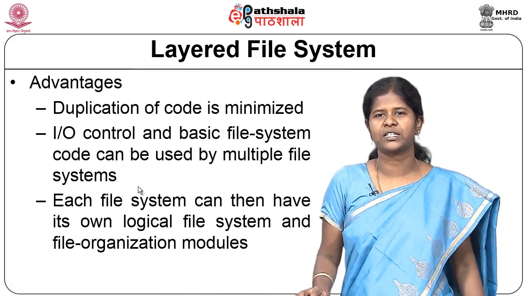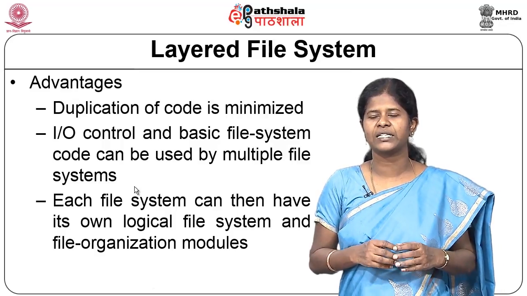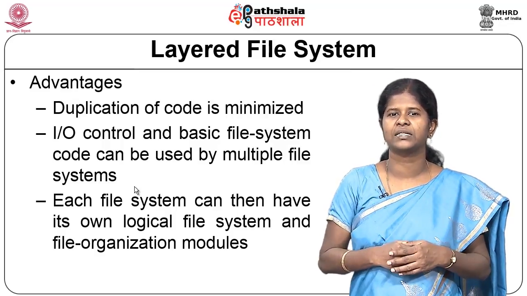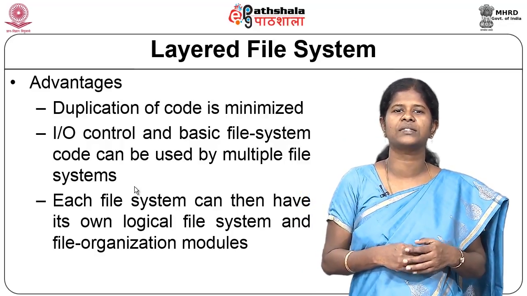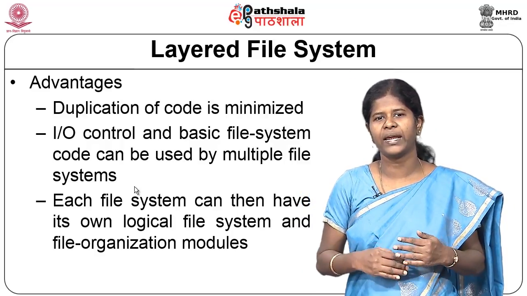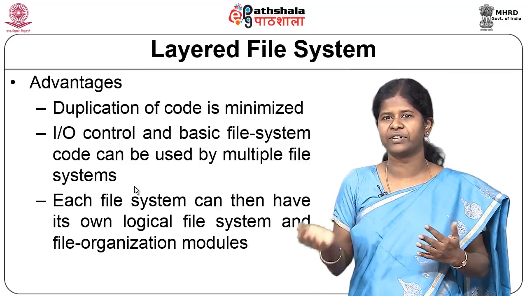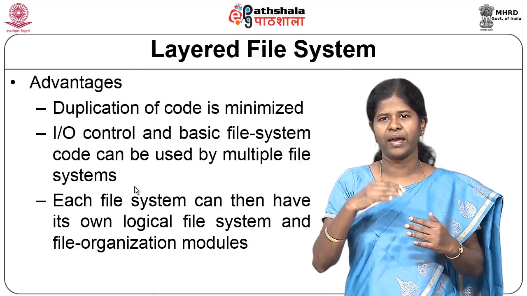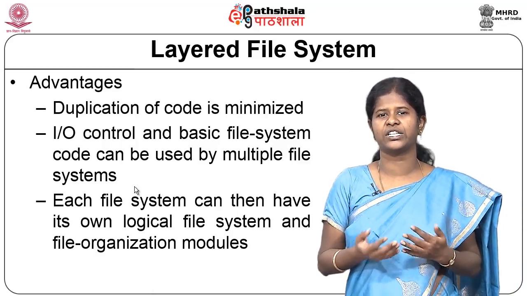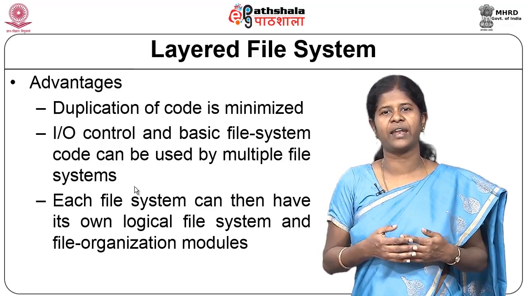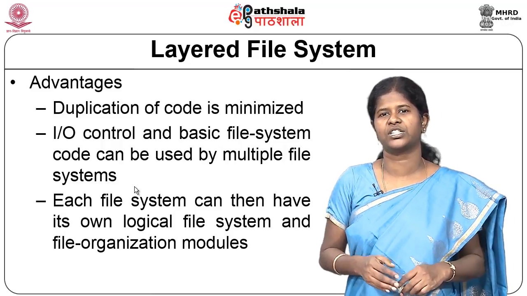So, we have seen that the file system is not maintained as a single layer, it is maintained as multiple layers. Because of this, the advantages are that the duplication of code is minimized, and the lower layers, the IO control and the basic file system code can be the same for different file systems, and the other layers above that can be modified for each different file system, or each file system can have its own logical file system and file organization modules.